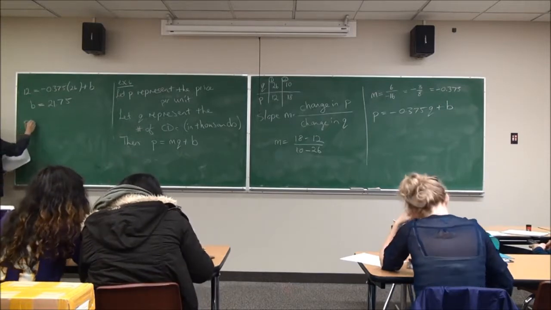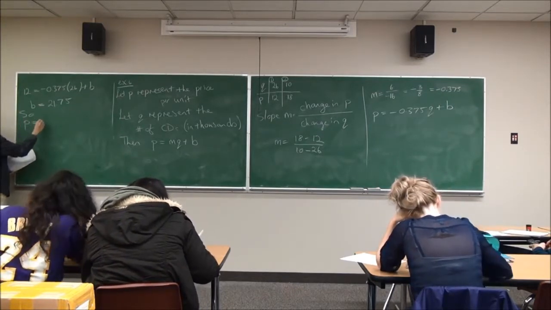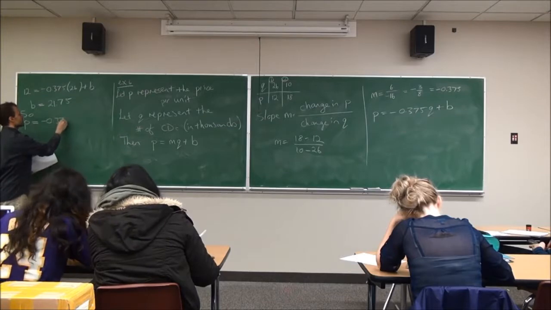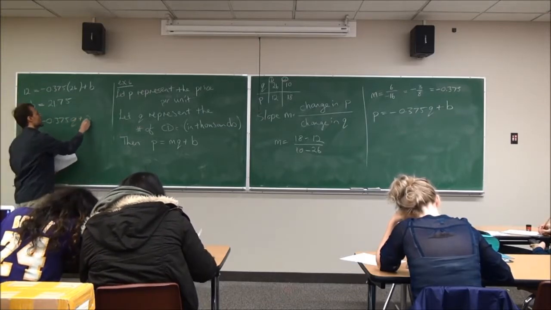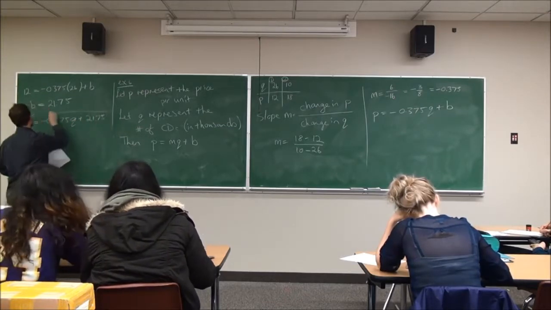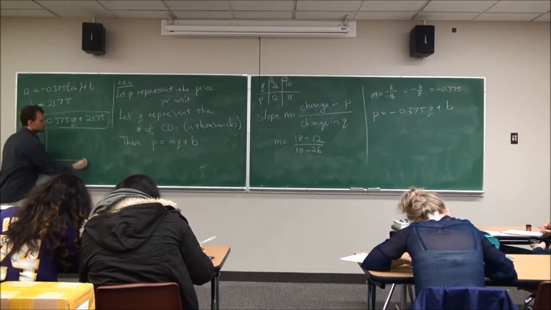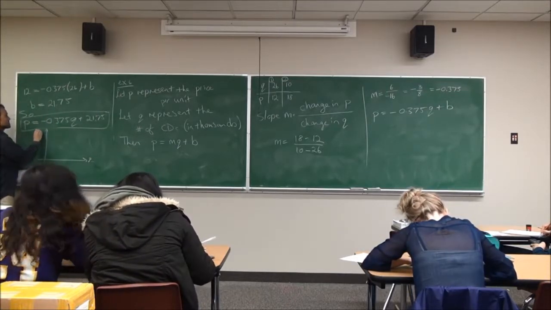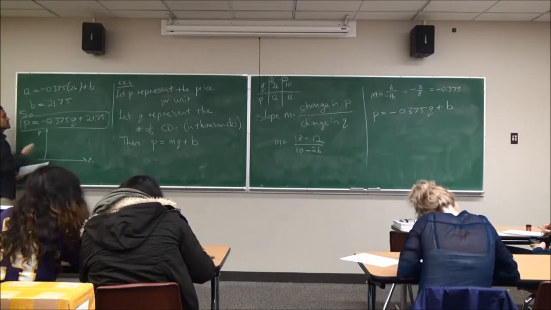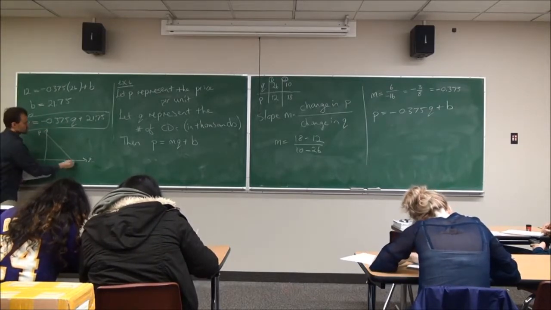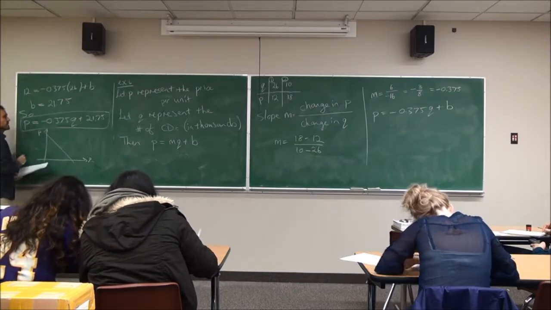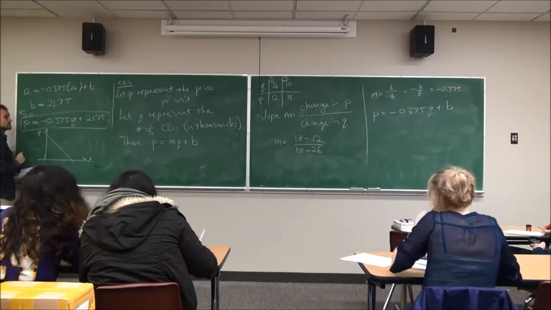So my equation is P equals negative 0.375Q plus 21.75. And this does have the shape that I expect for a demand curve, top left to bottom right. As the price goes down, the demand increases.